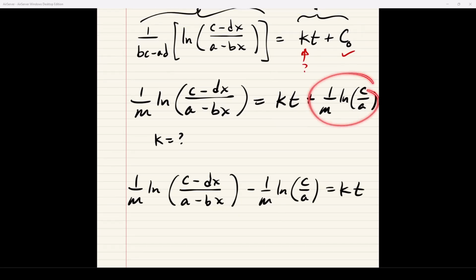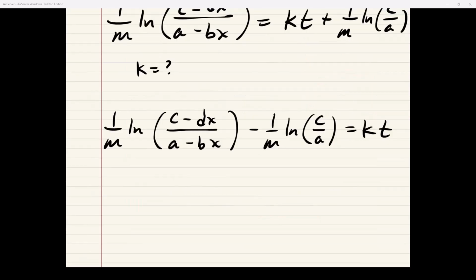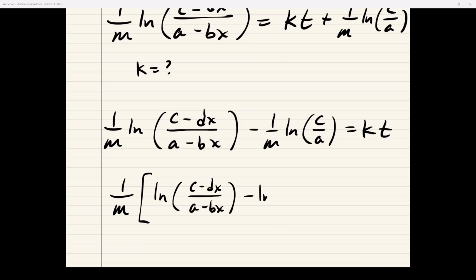I'm just going to subtract it over to the other side, and it's right there. All right, if my aim is to solve for the value of k, maybe one more step on the left-hand side here, we could simplify, factor out that 1 over m, right, ln of (C minus Dx) over (A minus Bx), minus ln of C over A, equal to k times t.